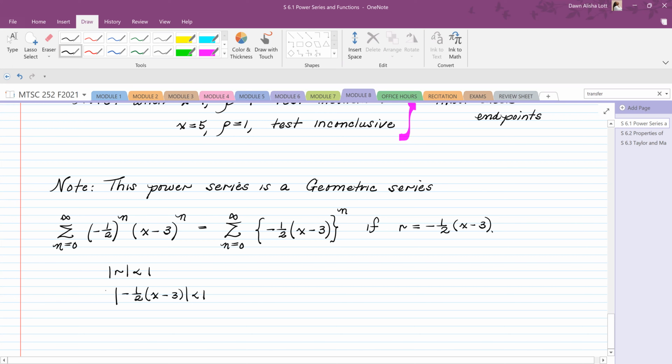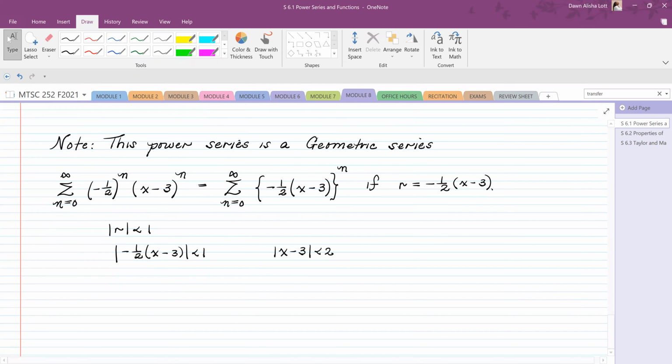So we get the same thing again. We get the absolute value of x minus 3 has to be less than 2. So therefore, 1 and 5 are not included.